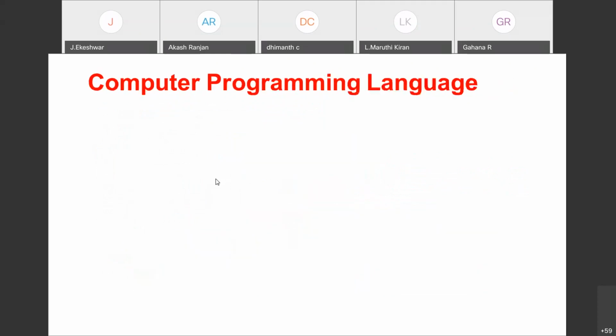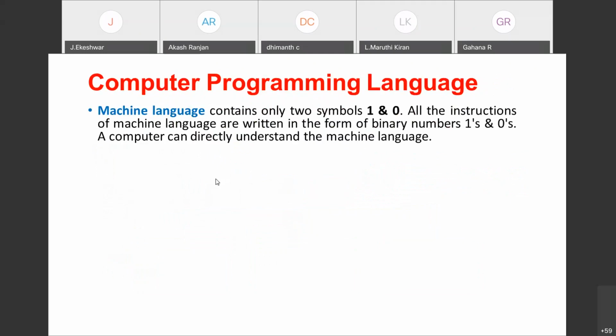So we shall see one by one what we mean by machine language. Machine language consists of only two symbols, that is 1 and 0. Machine language means it is machine understandable language. Any instruction you write in this machine language will be in terms of zeros and ones. So it is hard to code in machine language. It is very difficult to remember that binary pattern to write the instructions of your program.